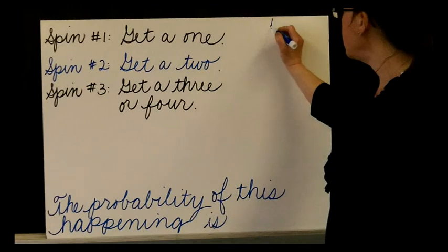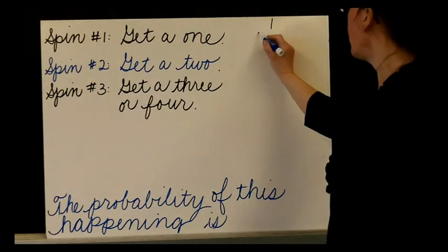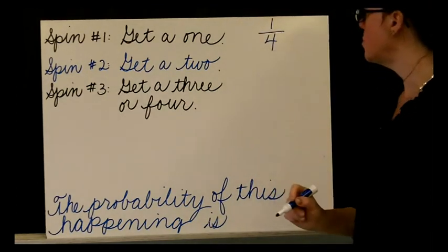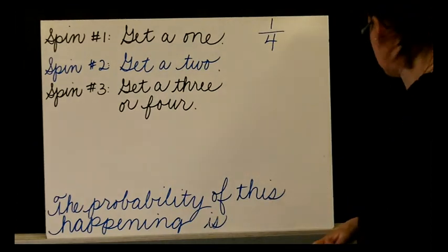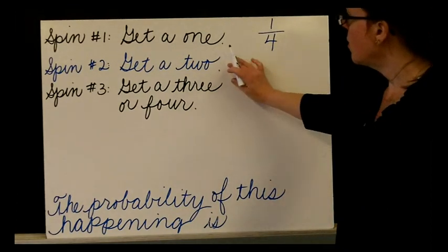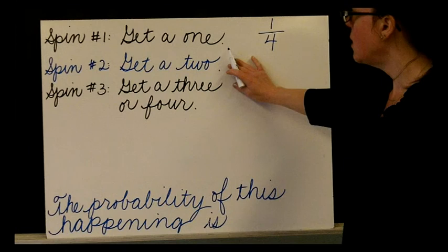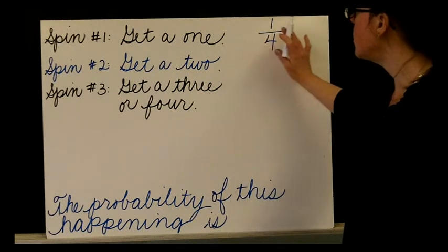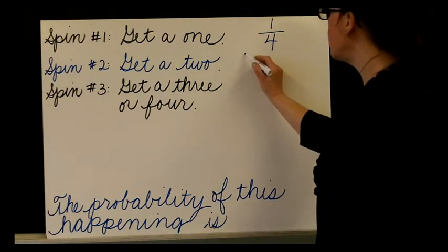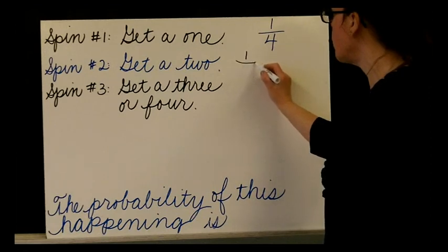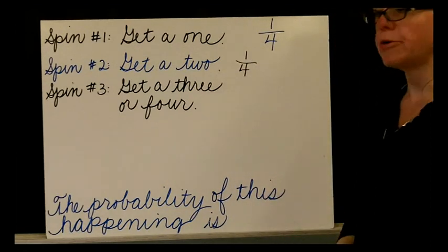There's only one 1 on the spinner out of the 4 possible numbers where it can land. For our second spin, the probability of getting a 2 is the same as getting a 1. There's only 1 2 on the spinner of the 4 numbers that are there.